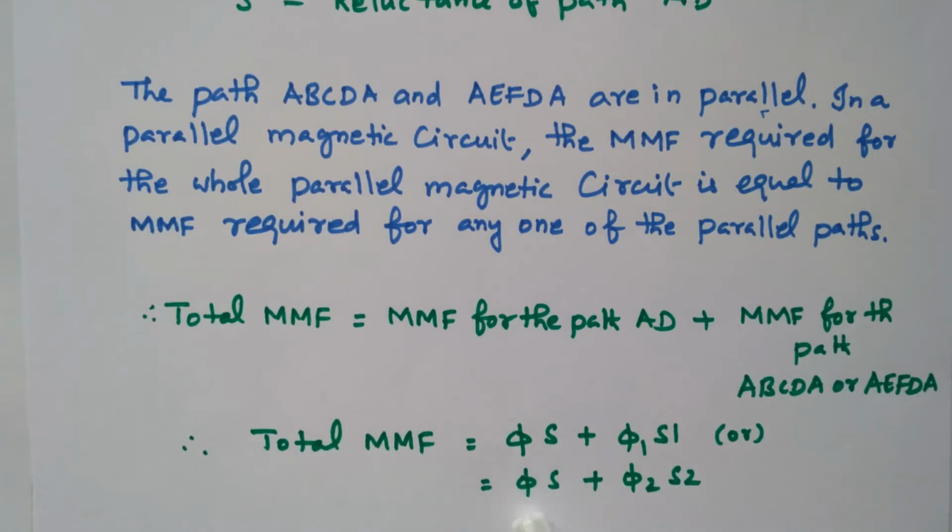Otherwise we can write pi S plus pi 2 into S2 for the second part, AEFDA. In a parallel circuit, considering any one path alone is enough. Either this equation or that equation can be used for the total MMF. So in this video we analyzed the simple magnetic circuit, series magnetic circuit and parallel magnetic circuit. Thank you.